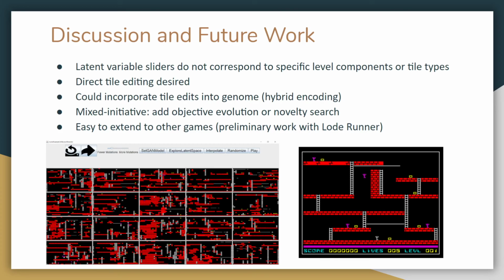And the final thing I want to emphasize is that this source code, which I'll share a link to in a moment, is really easy to extend to other games. I had an undergraduate student in the course of just a week get a prototype working with Lode Runner based on data that was also in the video game level corpus.